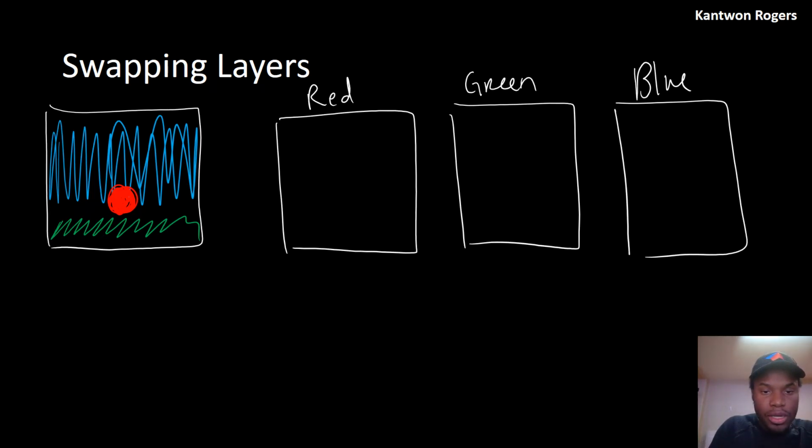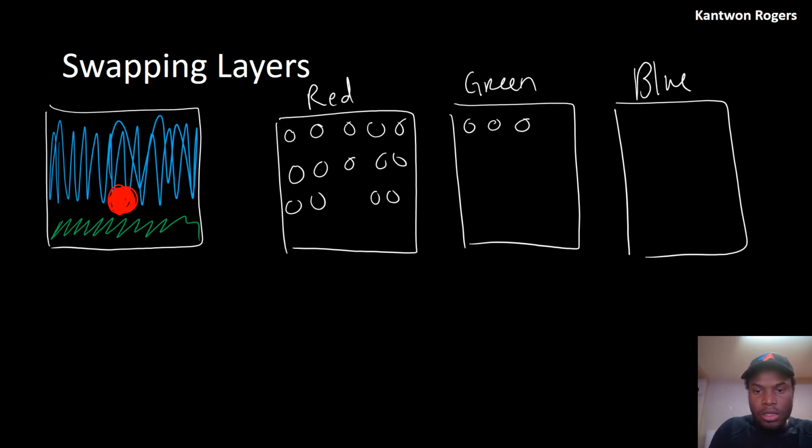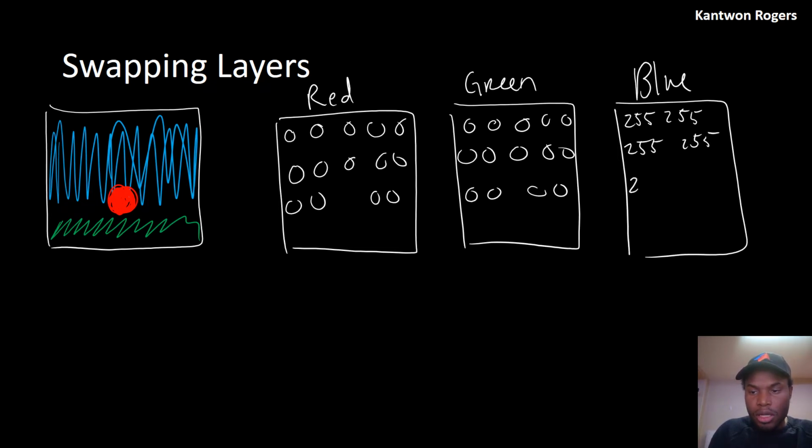So all up here in red, 0, 0, 0. My green, 0, 0, 0. And my blue, these are all 255s. I'm lazy, so I'm not going to write out as many 255s, but hopefully you understand.